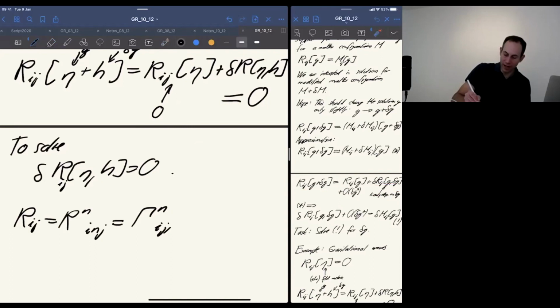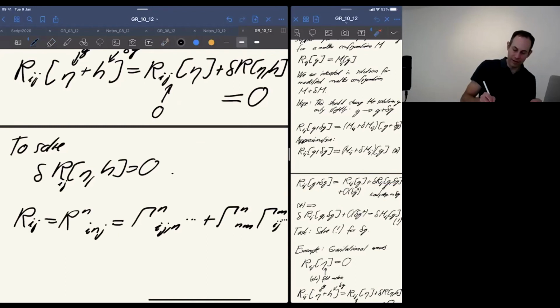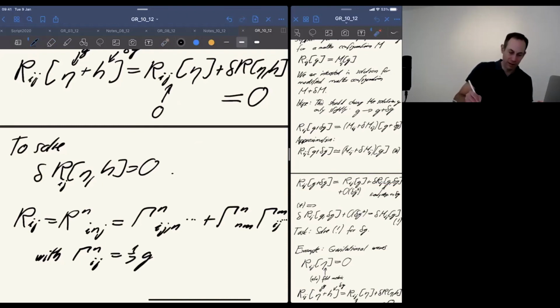I will now not write it down, on derivatives of gamma symbols, as well as on actually products of gamma symbols, and so on. So this is just to give you a flavor. And as I already mentioned before, the gamma symbols themselves involve the metric, so even the inverse metric, and then also derivatives of the metric.